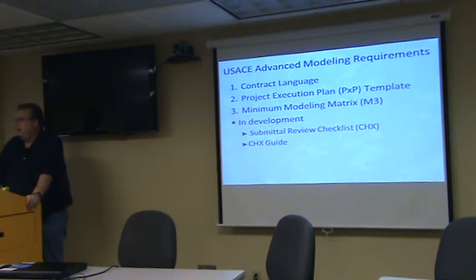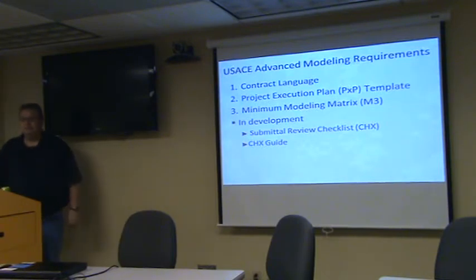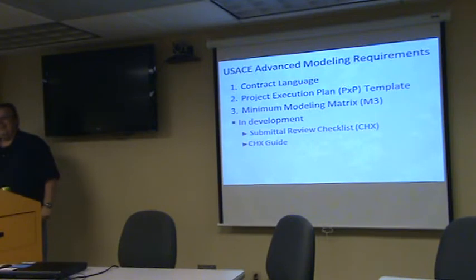Another word that I don't like, and maybe you guys do, is COBie. And they want COBie. Now, COBie is not a bad thing, don't get me wrong. COBie is a standard process. I just think it's overkill. I think there's too much information in it.